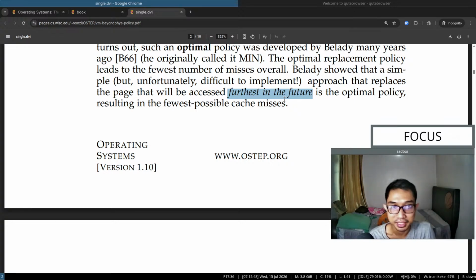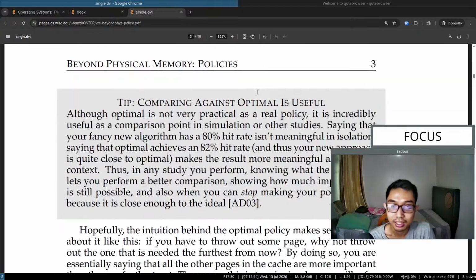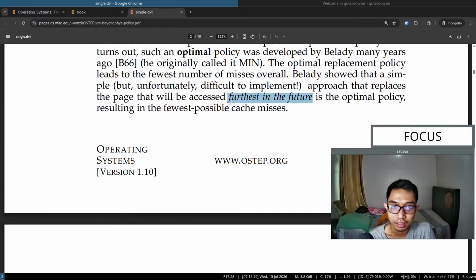Maybe something like that. Again, the furthest in the future. And yeah, I guess the difficult part to implement here is checking the furthest part.